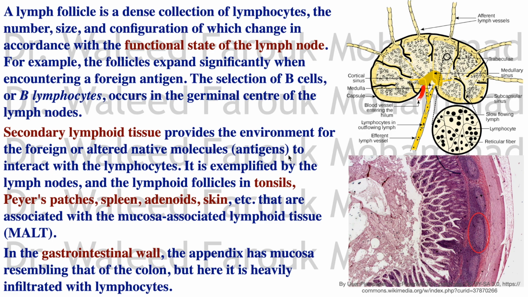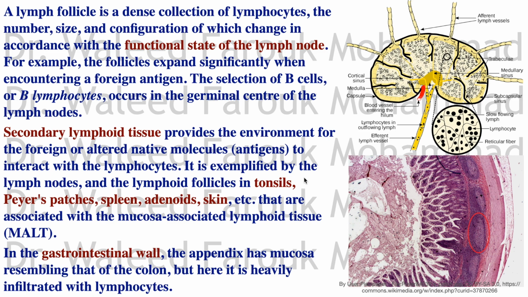For example, if there's an antigen, the selection of B lymphocytes occurs in the germinal center of the lymph nodes, which results in an increase in size. It provides an environment for foreign antigens to interact with lymphocytes.